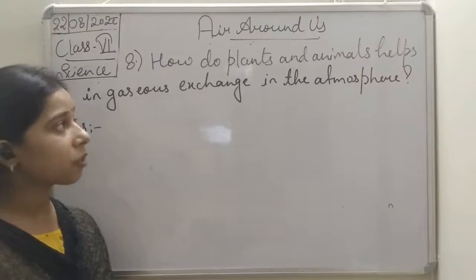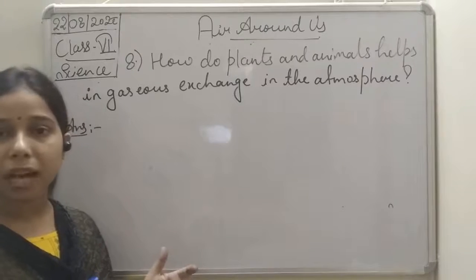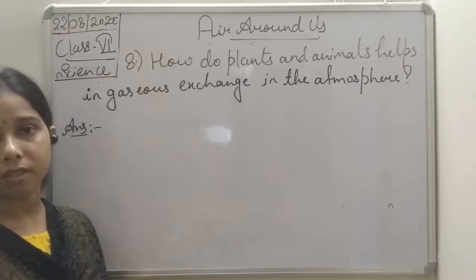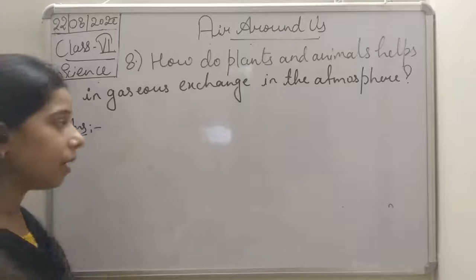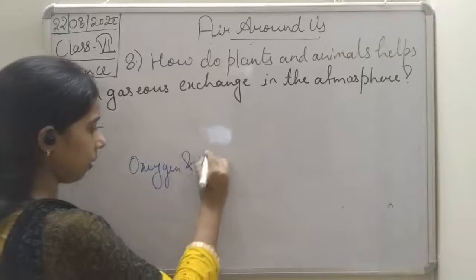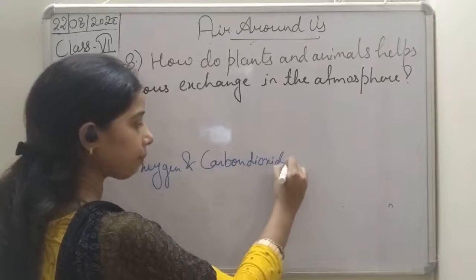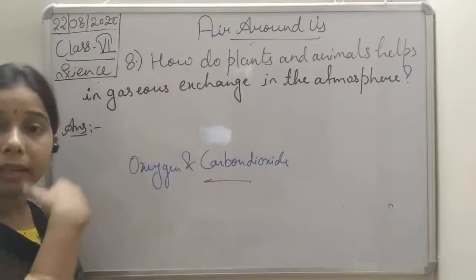Okay, so exchange of the gases means taking of the oxygen, releasing of the carbon dioxide, taking of the carbon dioxide and releasing of the oxygen. So we can say that it involves two gases, oxygen and carbon dioxide. Now you see here, student, we inhale oxygen.